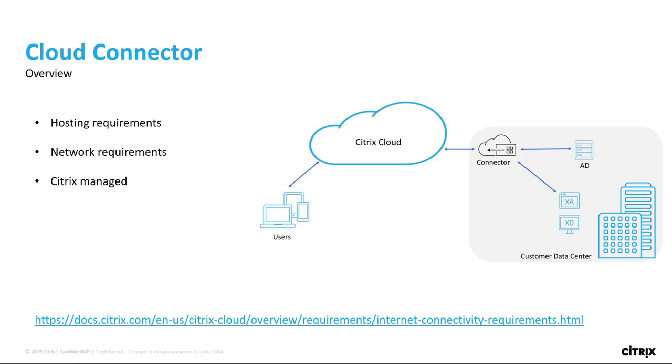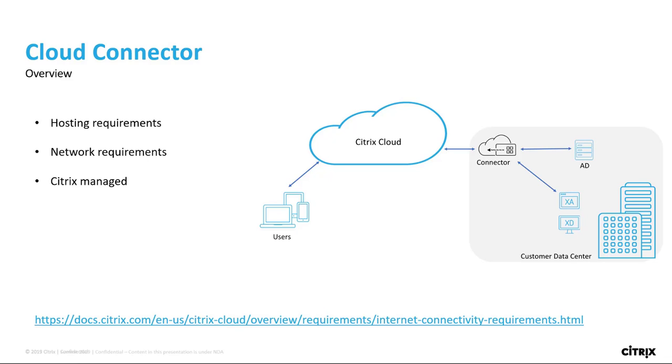There's also some network requirements. The connectivity from the Cloud Connector virtual machine in the resource location to Citrix Cloud simply requires TCP port 443 outbound. That's the only outbound transport layer requirement.